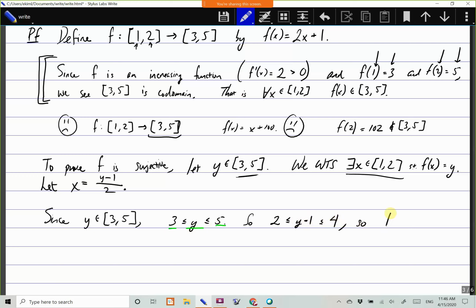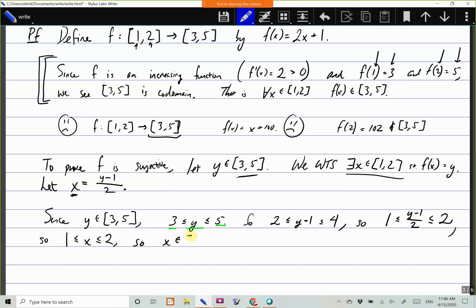So dividing by 2, you get 2 over 2 is 1, less than or equal to y minus 1 over 2. I won't simplify that in any way because it doesn't look like it will. 4 over 2 is 2. And so, look, I'm going to now replace x with the fraction y minus 1 over 2. So 1 less than or equal to x less than or equal to 2. So that's just a convenient way.